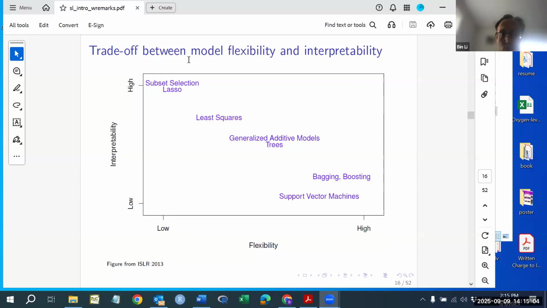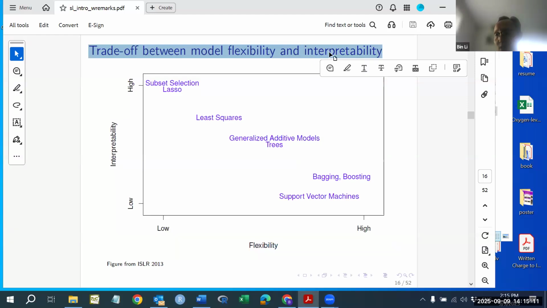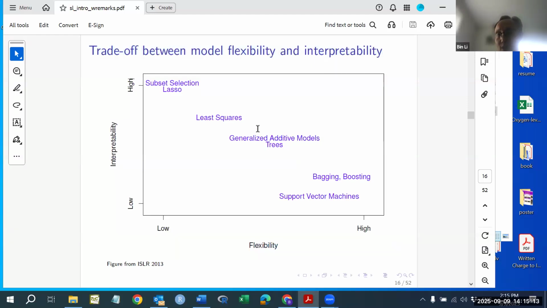Okay, so this plot shows the trade-off between model flexibility and interpretability. The takeaway message is that when the flexibility of the model is low, meaning the model is simple, the interpretability is high, like the linear model, lasso, subset selection, and linear regression.